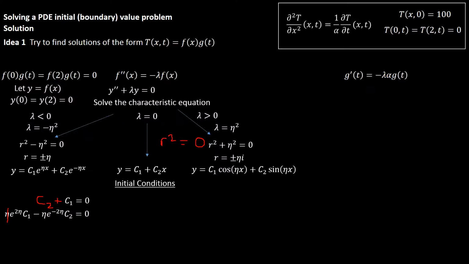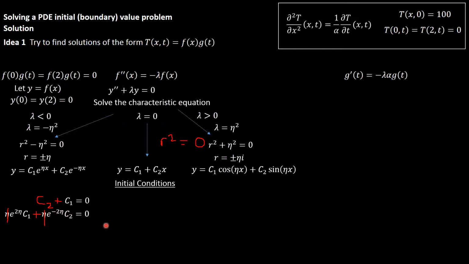There's no eta here. For some reason, I took a derivative, and this should be a plus sign. So there are no etas. It's just C1 e to the 2 eta plus C2 e to the negative 2 eta equals 0. So forgive the typos here, but we have C1 plus C2 is 0, and C1 e to the 2 eta plus C2 e to the minus 2 eta equals 0.